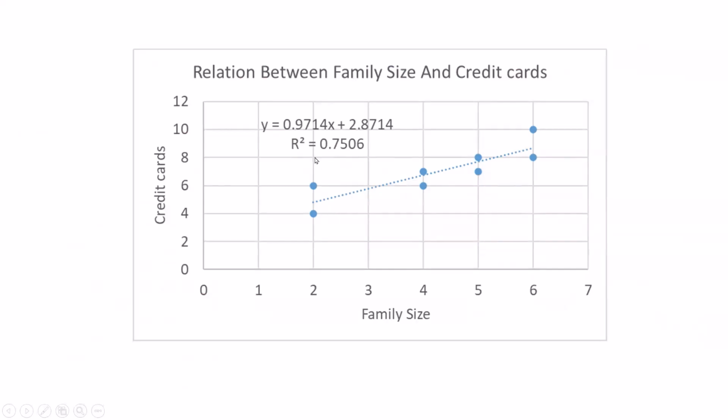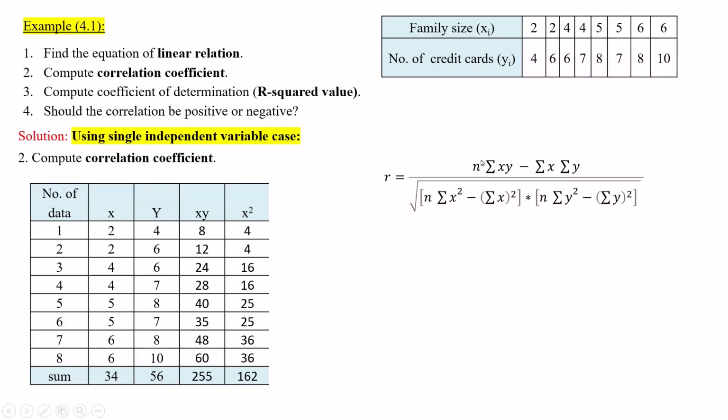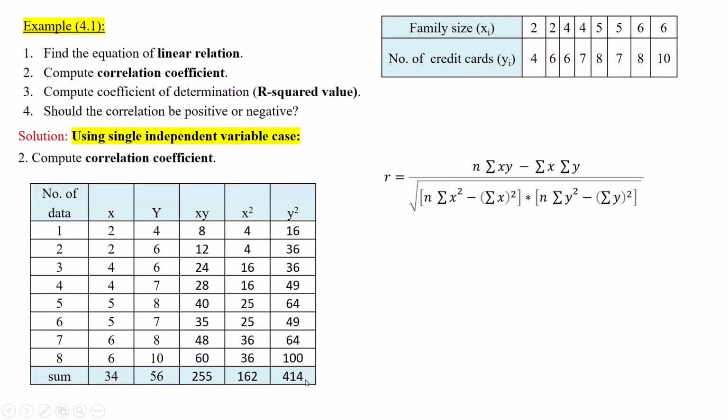Let's find r squared by hand calculation. We didn't calculate the correlation coefficient r, we just found the equation of linear relationship. Let's solve the second requirement. That is the equation for r. We have to add another column, which is the summation of y squared. The summation of y squared is 414. Just put it into this equation, we get r equals 0.8664.